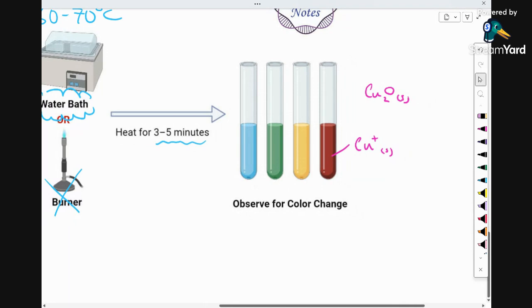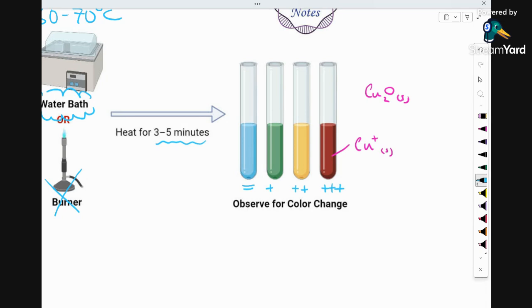And it depends on how much glucose or how much reducing sugar, what the concentration of reducing sugar is in your initial sample. If you have none, then you remain blue. If you have a little bit, then you go green. Eventually, you then go sort of yellowy orange if you have a little bit more. And if you have loads of reducing sugar, you form a brick red precipitate rather than a yellow or a green precipitate.